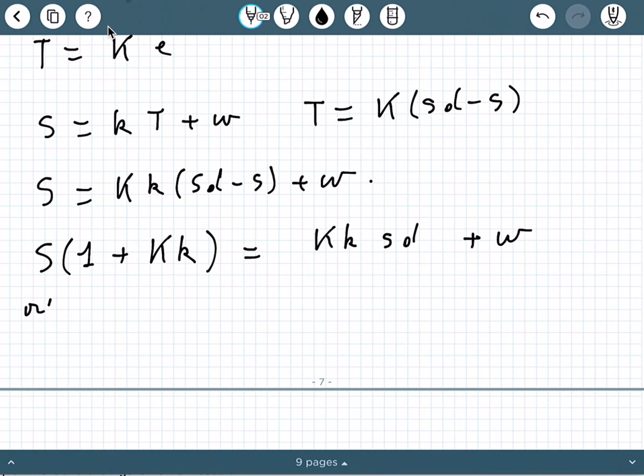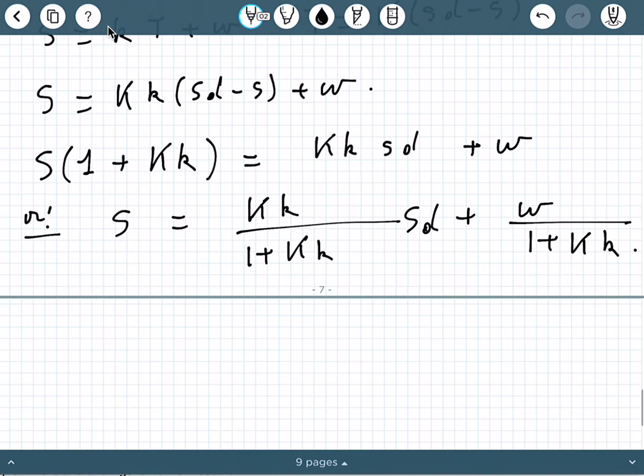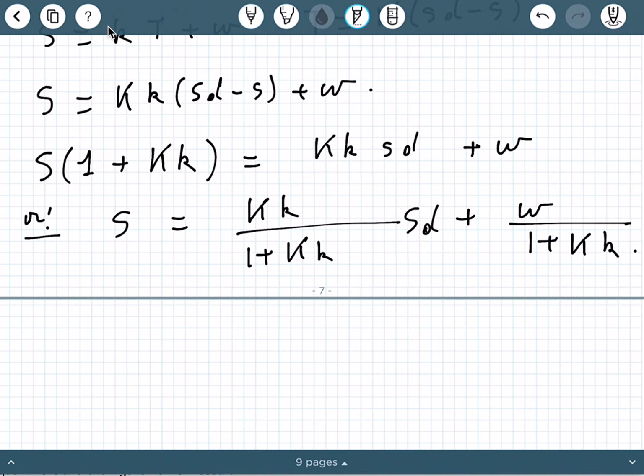or S is equal to K times small k divided by 1 plus K times small k, times SD, plus W divided by 1 plus big K times small k. So things become extremely quantitative at this point.